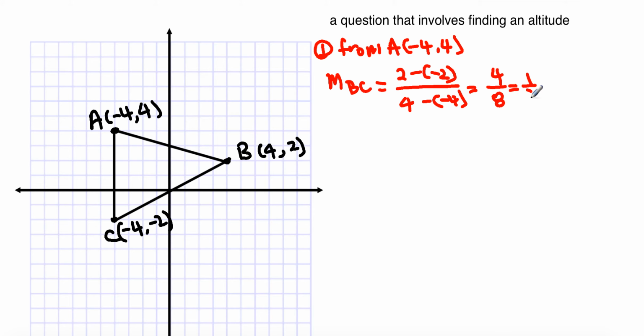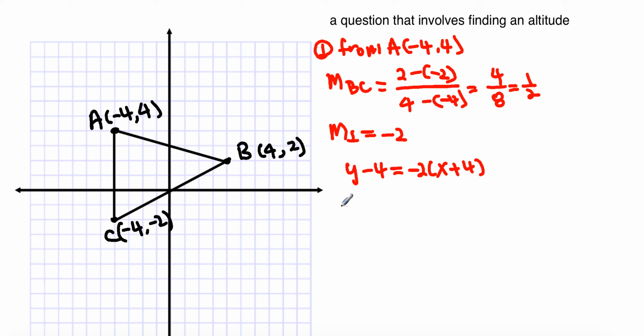The slope is 1/2. That means the slope that I'm looking for, perpendicular to that, would be the negative reciprocal of 1/2, which is negative 2. Now, given this, we should be able to find the equation, which is y minus 4 equals negative 2 times x plus 4. That is the equation of the altitude from A.